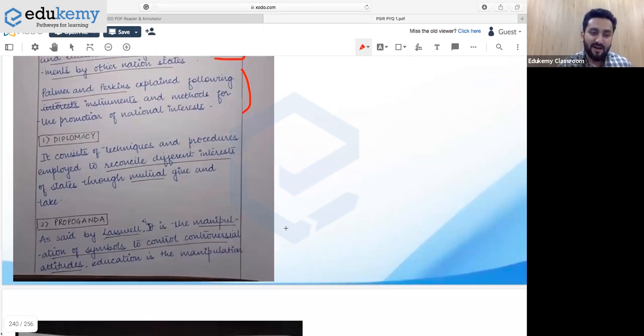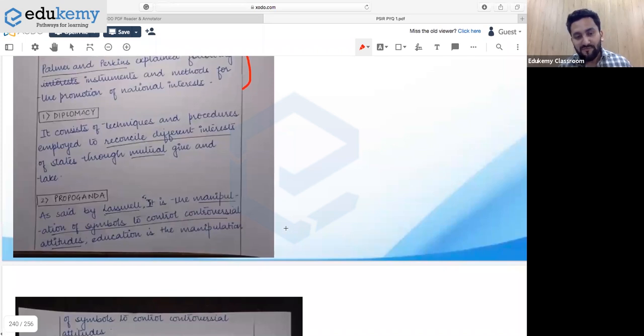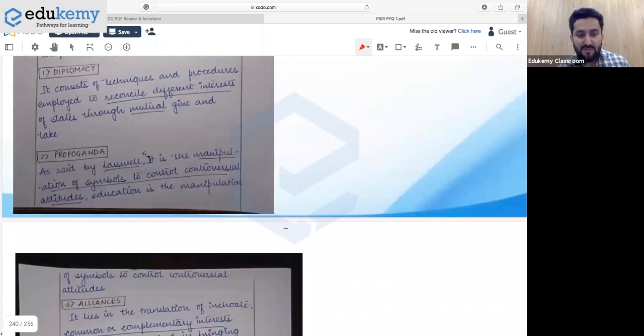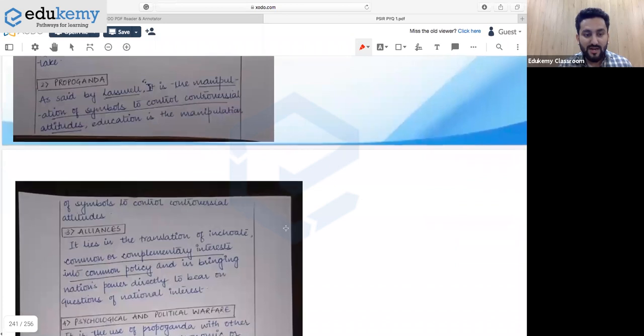Then we have propaganda. We can push our national interest through propaganda, as said by Lasswell. It is a manipulation of symbols to control controversial attitudes. Very well used.